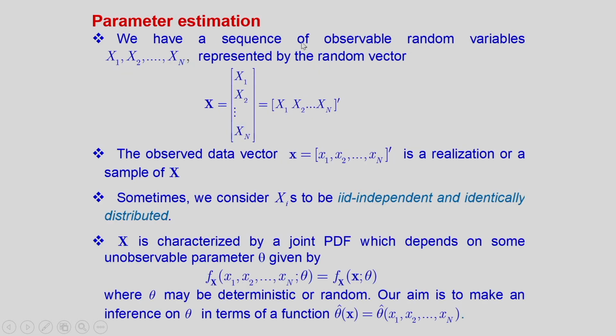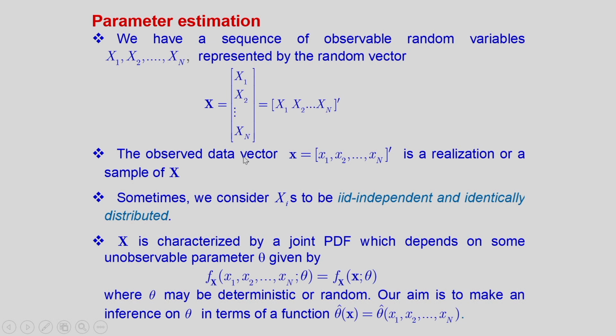We have a sequence of observed random variables x1, x2 up to xn. There are n random variables represented by a random vector. It is represented as a column vector, which we can write as the row vector transpose. So, observed data are modeled as random variables. Now, what are the particular values of the observed data?